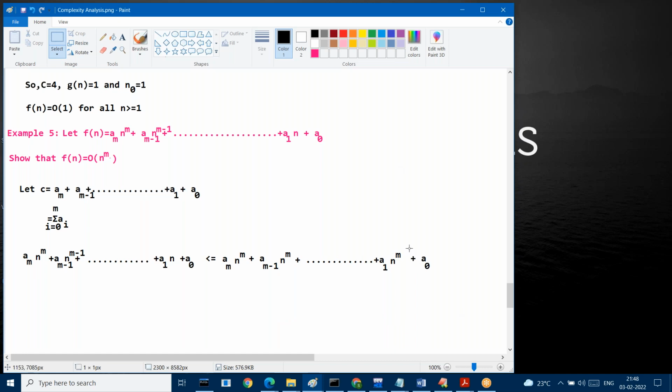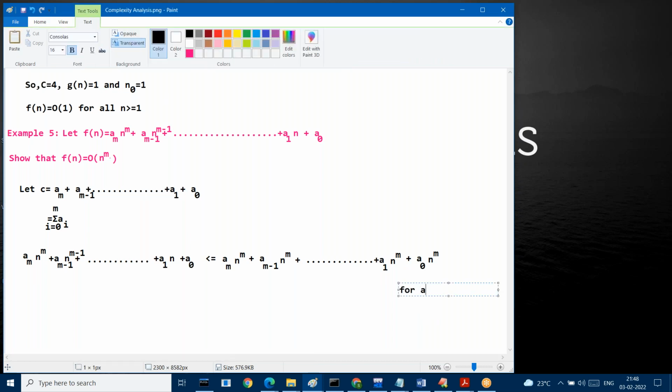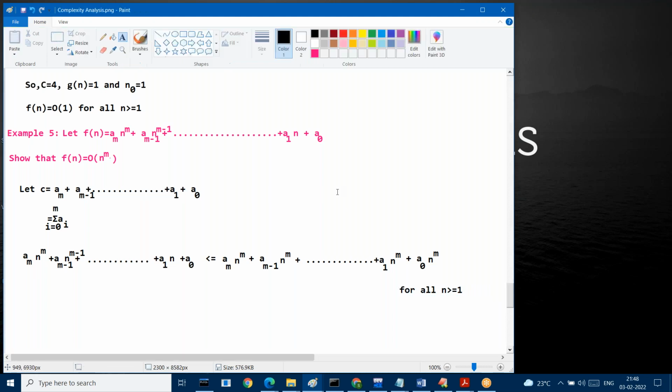Lastly, yeah, this is what I'm getting, sir, and this is true for all n greater equal to 1.